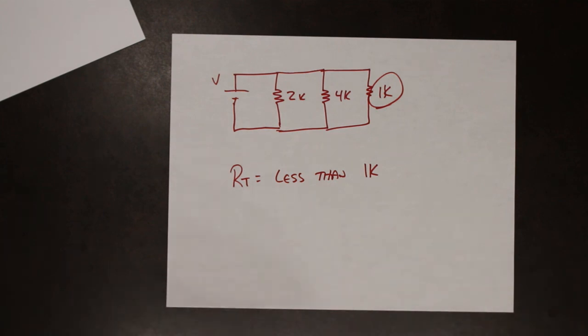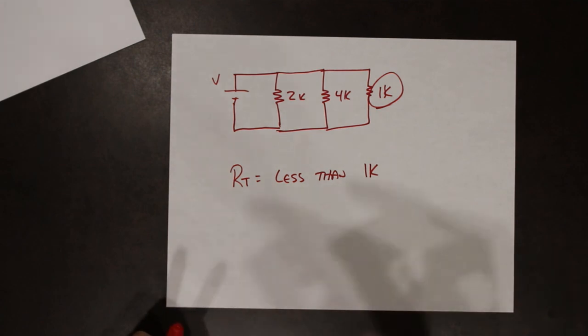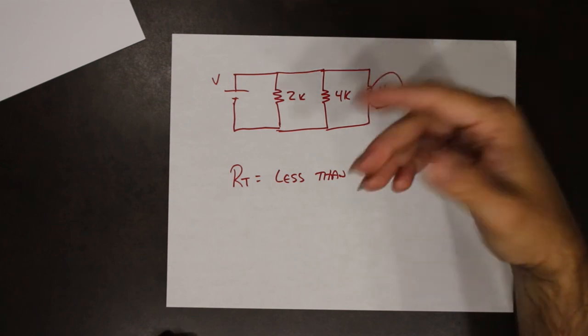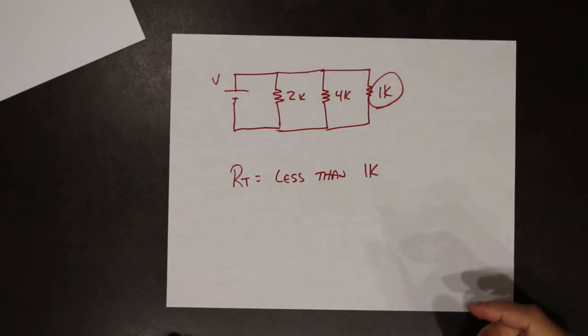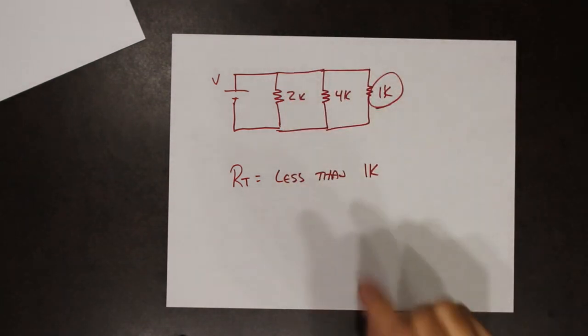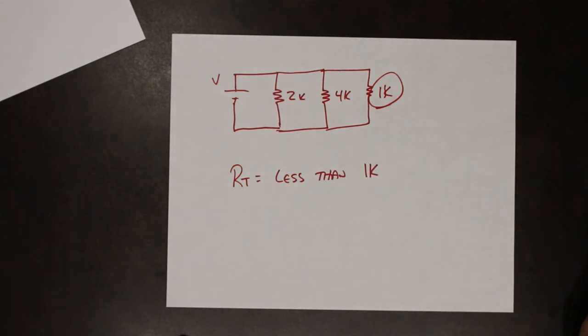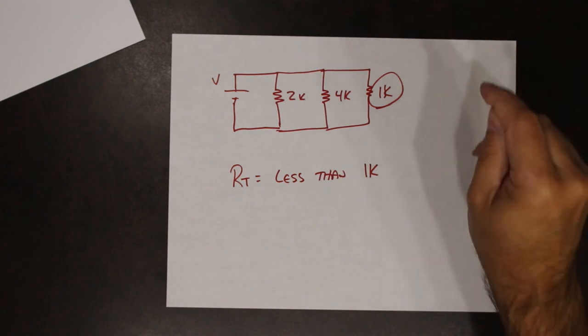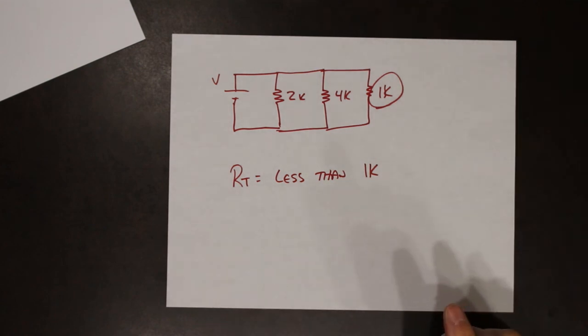When we looked at series circuits, every resistor you add in series increases the resistance to current flow. In a parallel circuit, every resistance you add actually provides another path for current that wasn't there before.